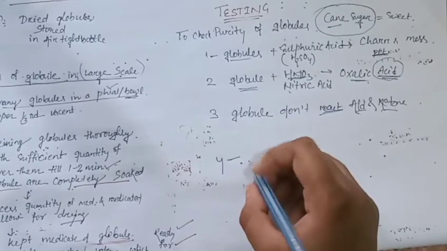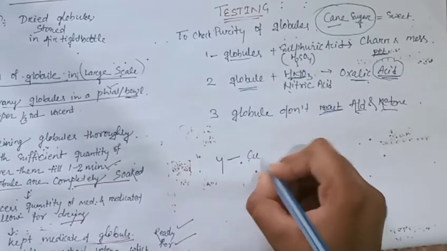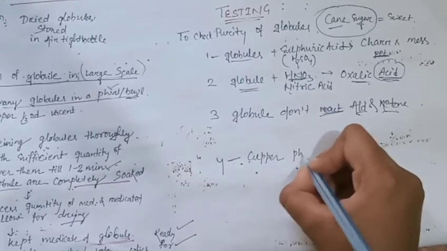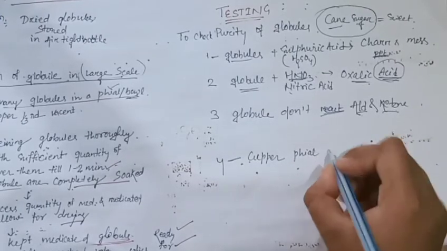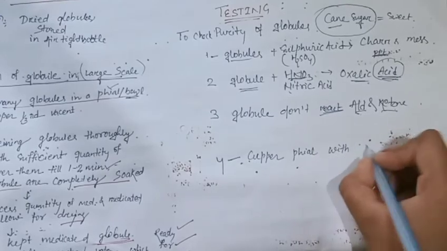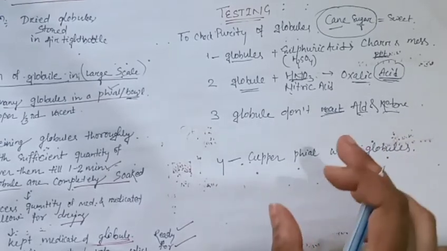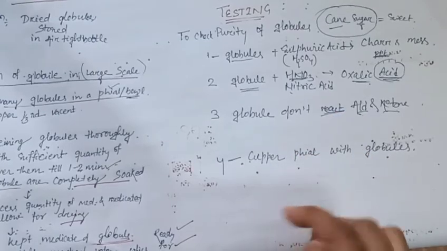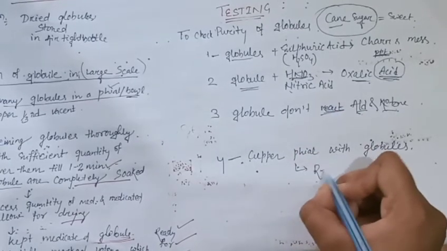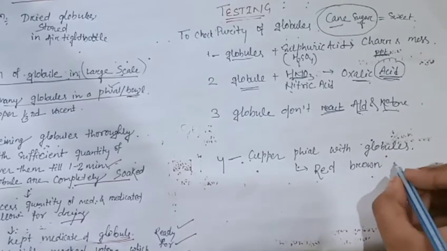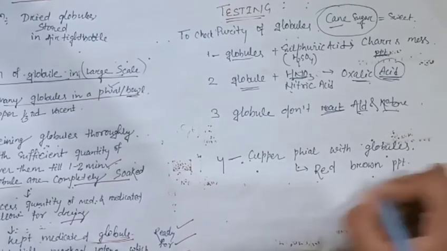Then the last and fourth test is when we take a copper bowl or vial with globules. If we take globules inside the copper-containing bowl, a red-brown solution is formed, which indicates red-brown precipitation.